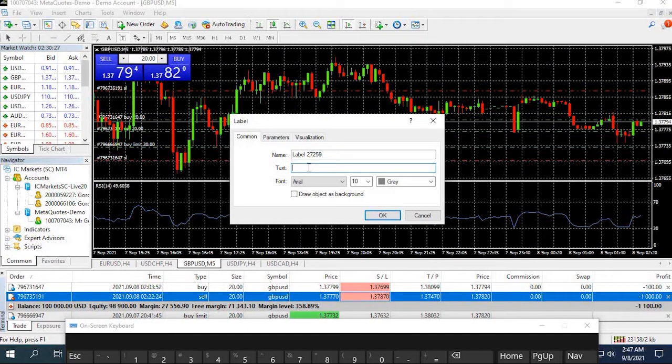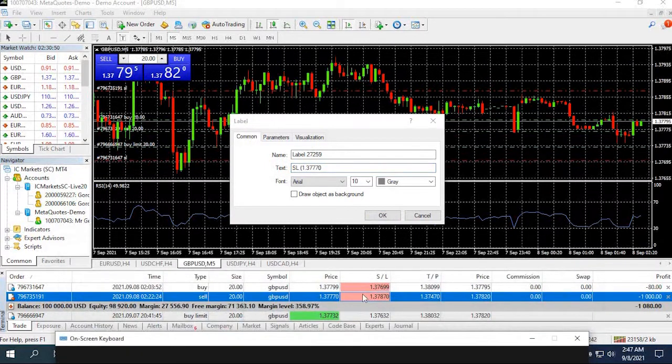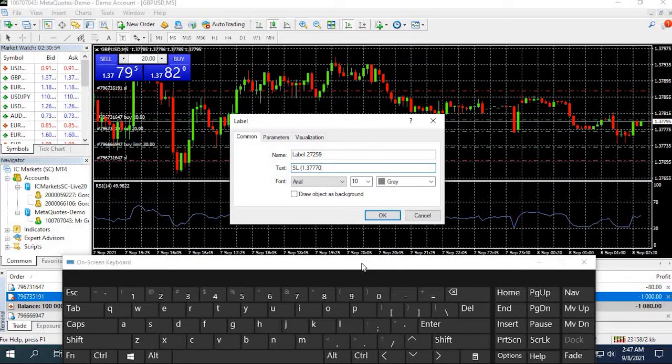So for this particular sell trade, stop loss, SL, right, is 1.37770, which is the current price plus 100, right, equal 1.37880, right, and that is a stop loss, right?